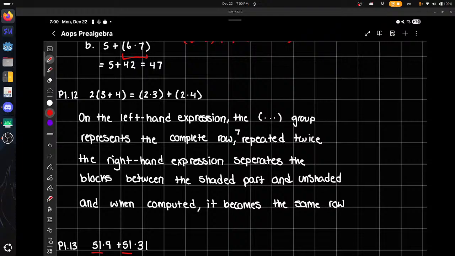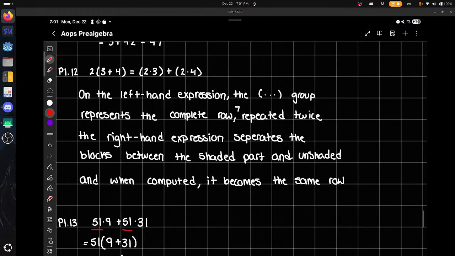Like, there's 2 rows, and it's 7. So when we get the result from the grouped terms, we get 7, and then we're going to repeat 7 2 times. So we have 2 rows of 7. On the right hand, we break apart the rows and then combine them together again. That's kind of how I see the distributive property.